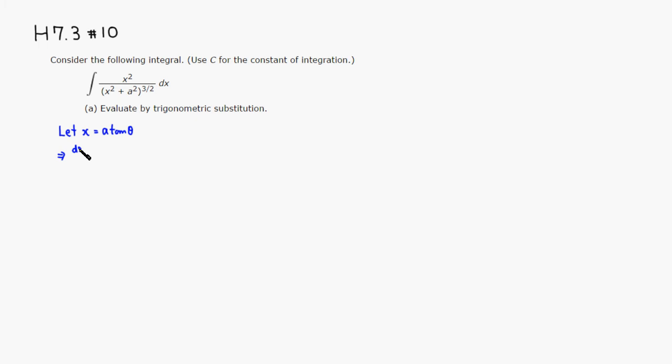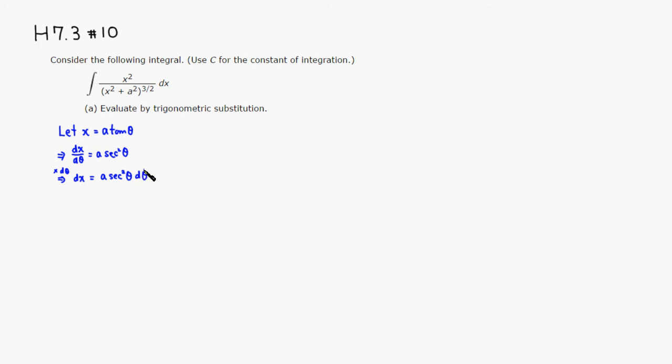Take the derivative of x with respect to theta, and we'll get a times secant squared of theta. Then multiply through by d theta to isolate dx. So dx is a secant squared of theta d theta.